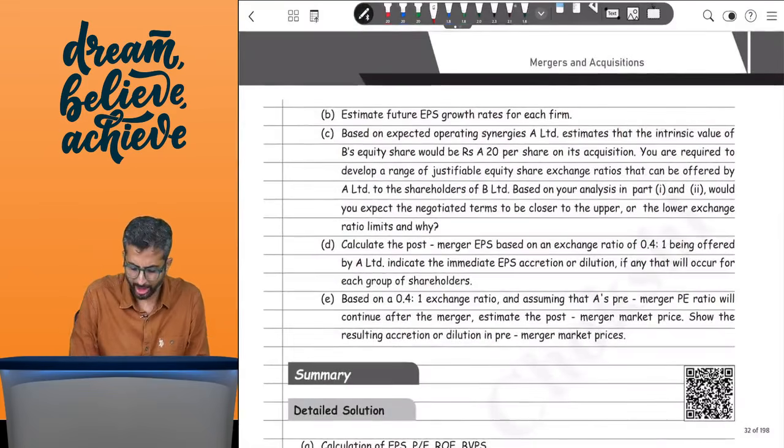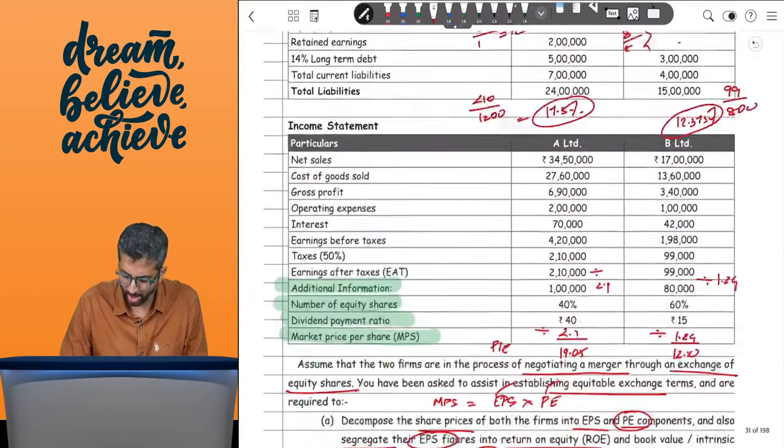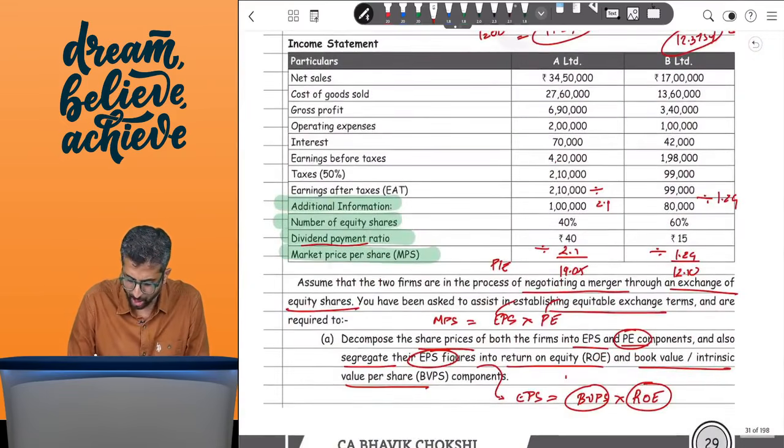Okay, then you want to find the future EPS growth rate of each of the firms. Future EPS growth rate, that is g, is equal to r into b. r is 17.5% for A, which you calculated, and b is the retention ratio, that is 1 minus the payout ratio.